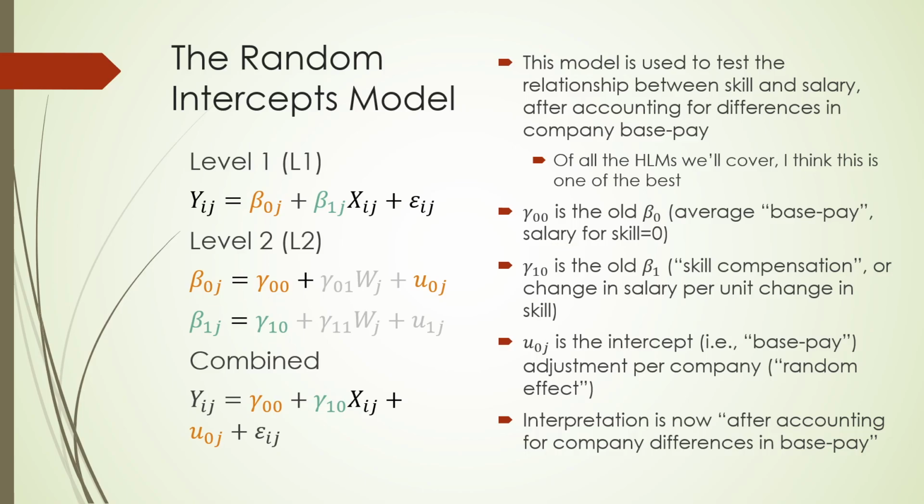This is why I like this random intercepts model so much: all of my coefficients maintain that interpretation from my regression. So if I worked on my regression interpretation, I get to keep all of those skills and interpretations. I just add that bottom bullet point component of after accounting for the level 2 differences in the intercept, or in our particular case, after accounting for company differences within base pay.